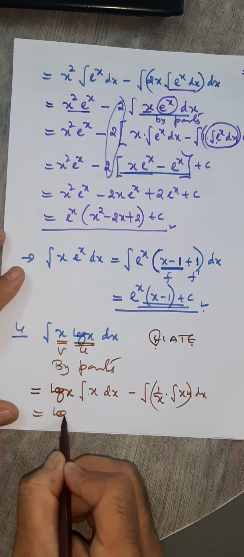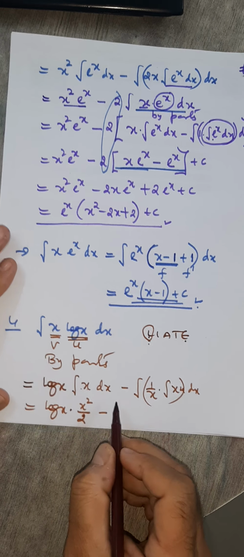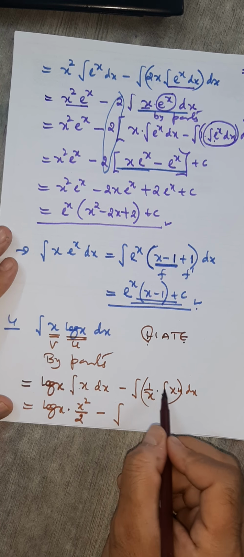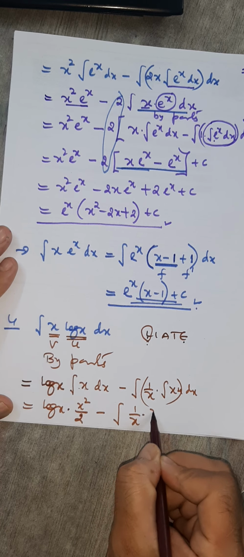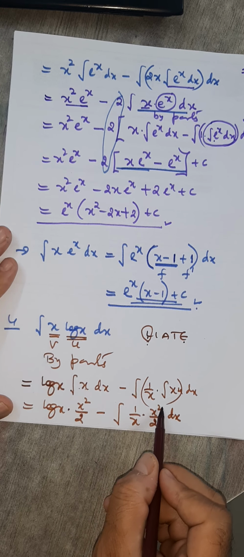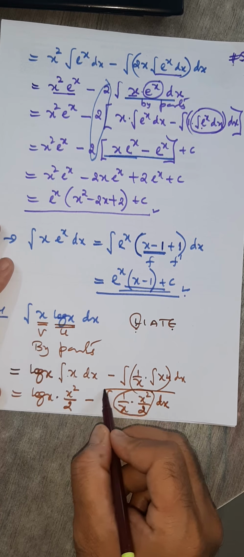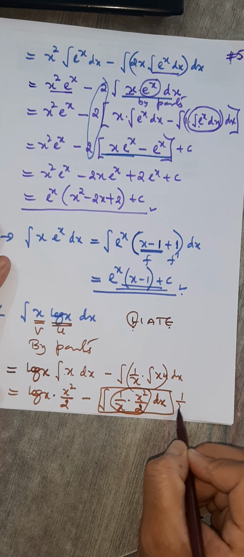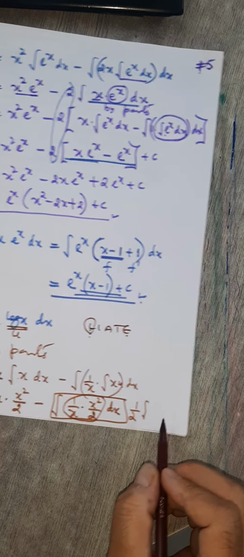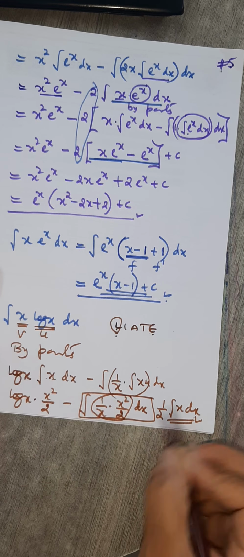So here, log x into x square by 2, the integral of x, minus 1 upon x into x square by 2. Now 2 will come out, and here you are just left with x. So this portion is just 1 by 2 outside and the integral of x, and this can be done in the next step.